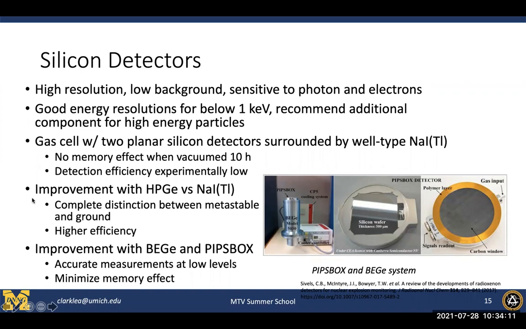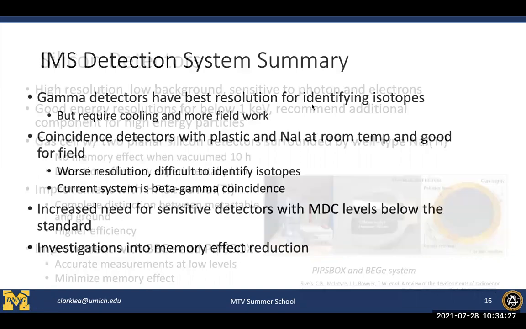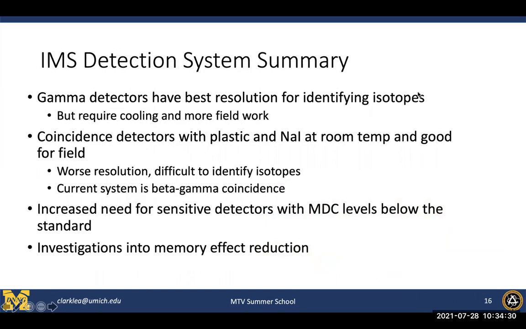And these types of detectors can also be improved with HPGe and sodium iodides, and you get higher efficiency. And then also with this broad energy germanium, and then something called a PIPS box, it also minimized the memory effect as well. So I went through a couple of the detection systems, and the detectors I mentioned are also just used to study radioactive xenon.